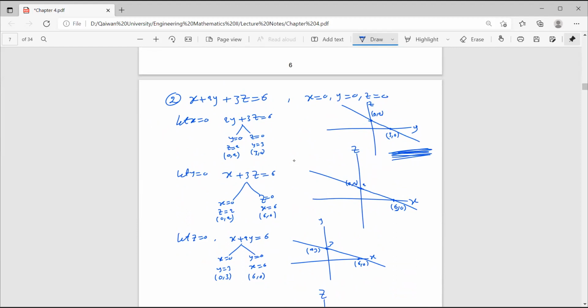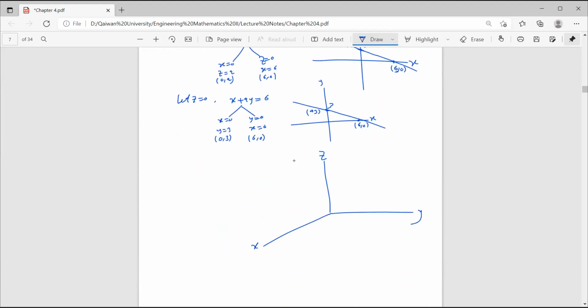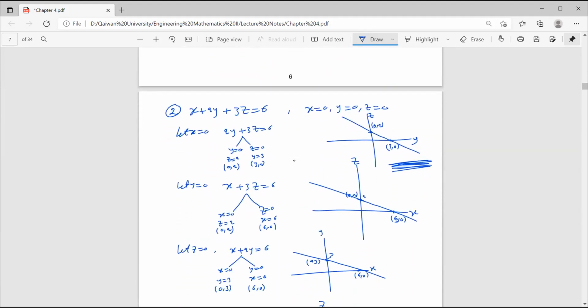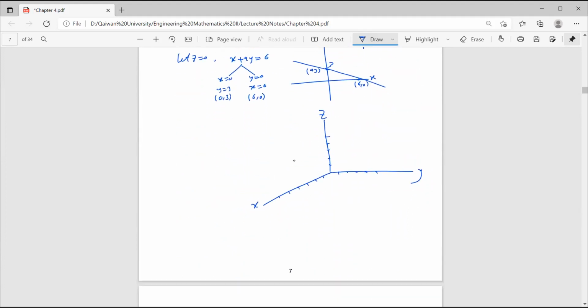It intersects Y at 3 and it intersects Z at 2. We join these 2 points.